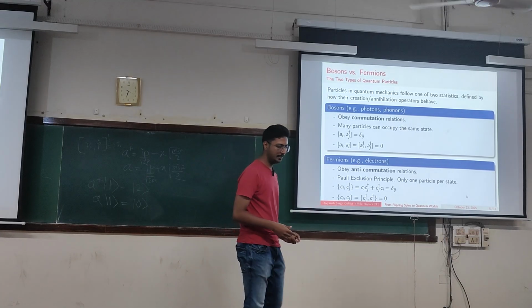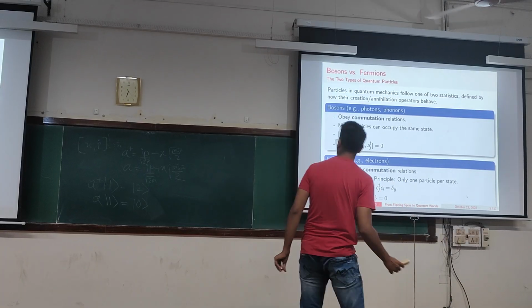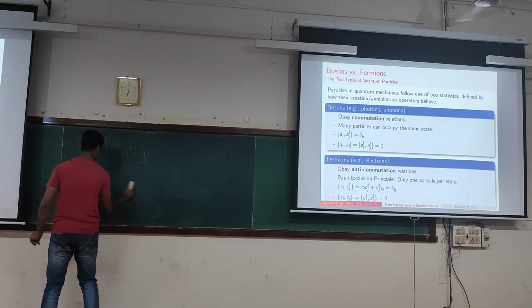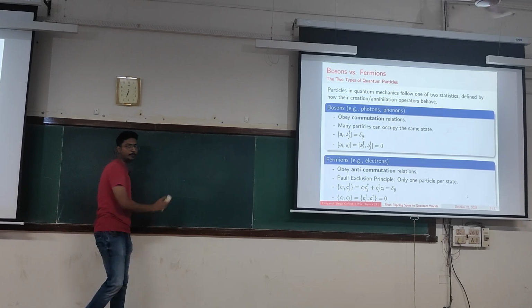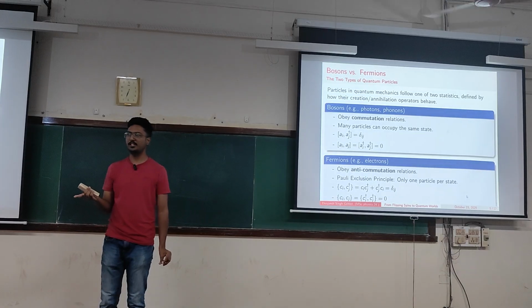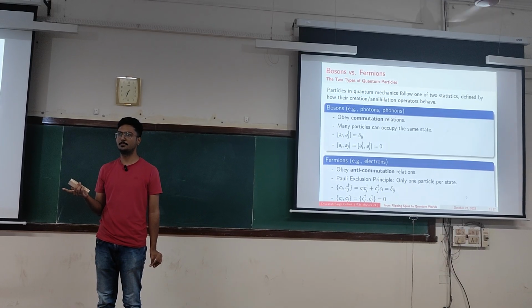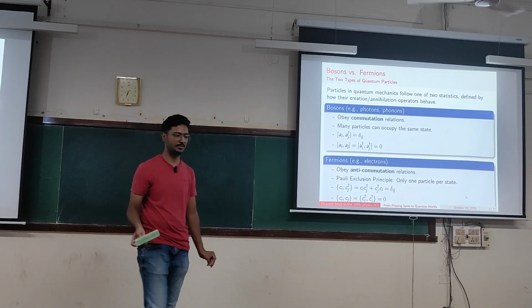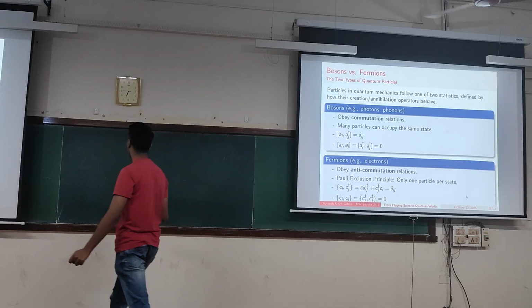We all know electrons are fermions, and fermions obey anti-commutation relations. Do people know about commutation and anti-commutation relations here? Is there anybody who does not know? You don't know them?